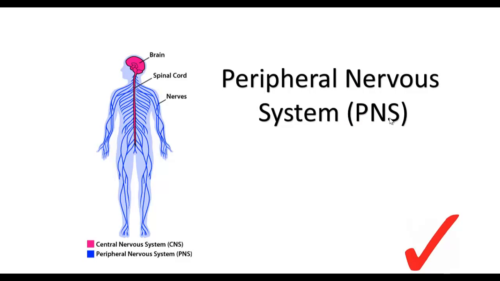The other part of the nervous system is the peripheral nervous system, or the PNS. As you can see in this diagram, the brain and the spinal cord are pink. So basically, the peripheral nervous system refers to everything else outside of the brain and the spinal cord that allows you to feel or sense.